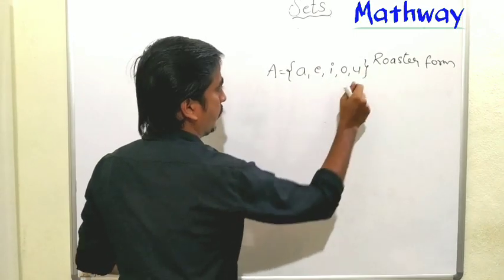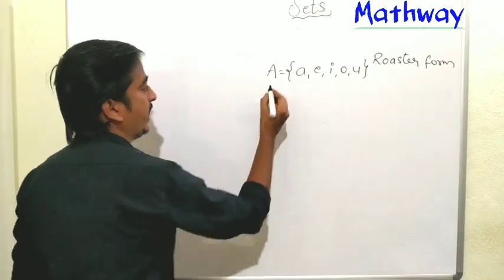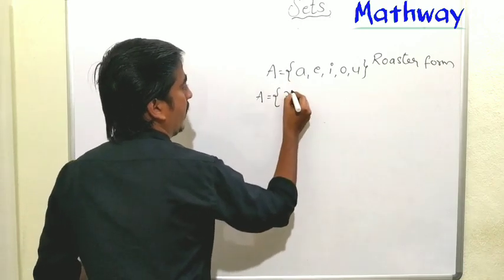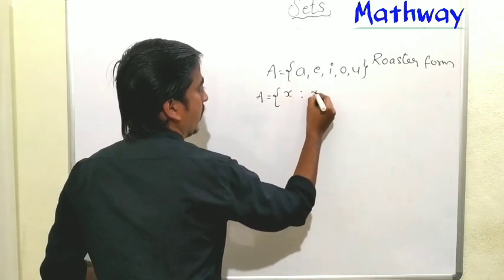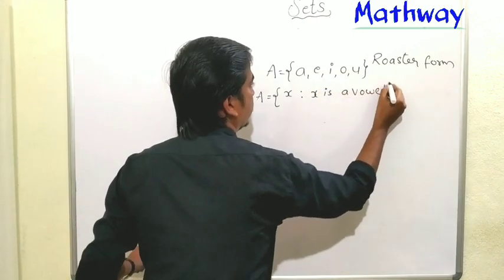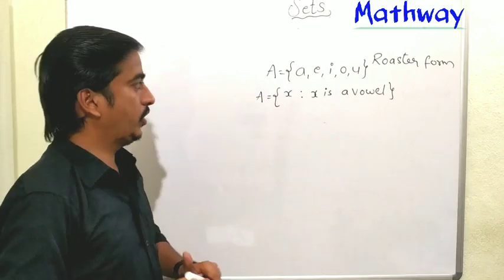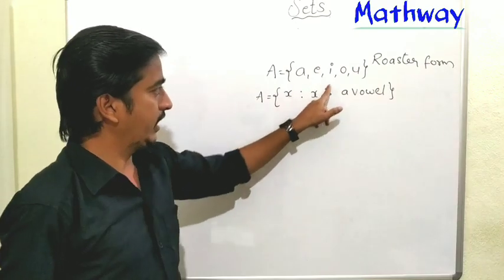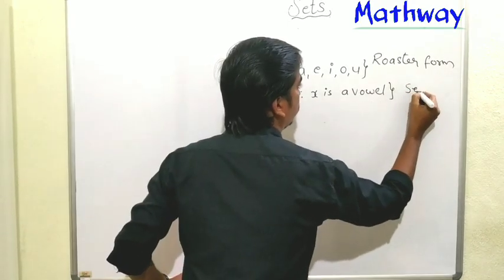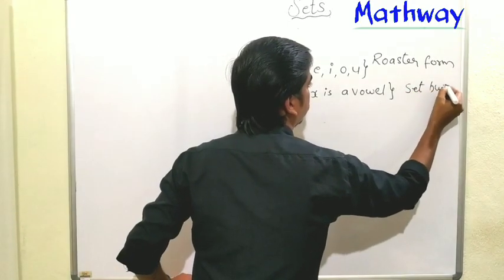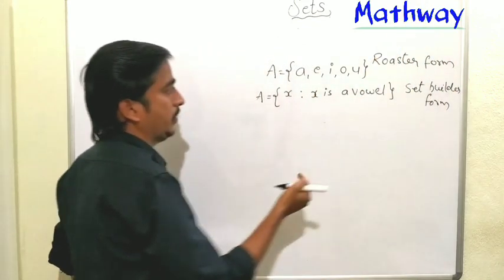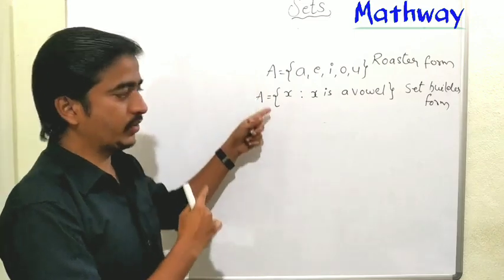To write the set builder form, we take A equal to, open the curly bracket, x such that x is a vowel. Here x is either A, E, I, O or U. This is the set builder form. In this way we can write roster form as set builder form.